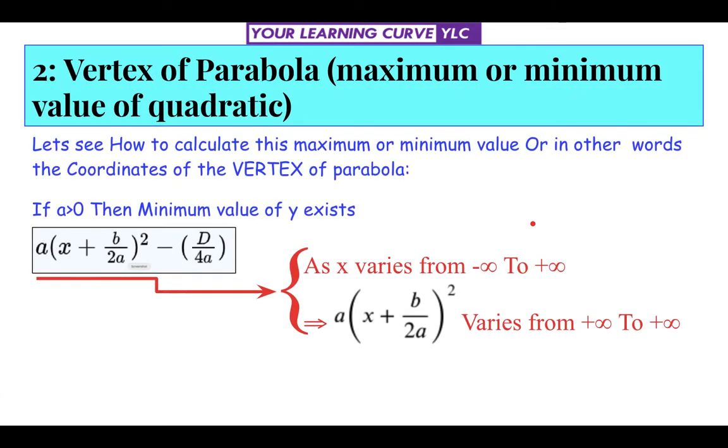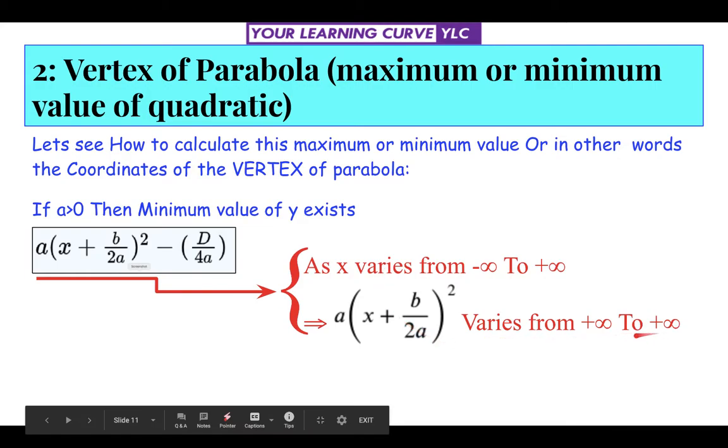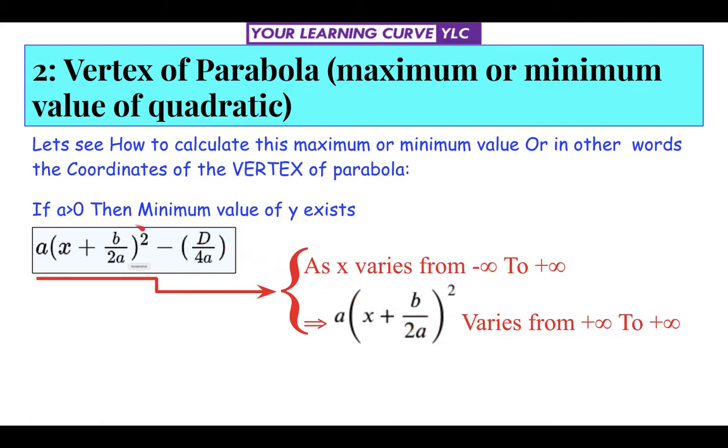For calculating the vertex of the parabola, suppose this a is a positive number, then as x varies from minus infinity to plus infinity, this quantity varies from plus infinity to plus infinity, means this number will be minimum at some point. This is a constant number.